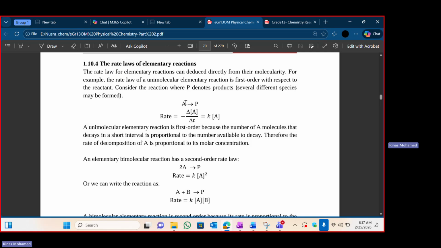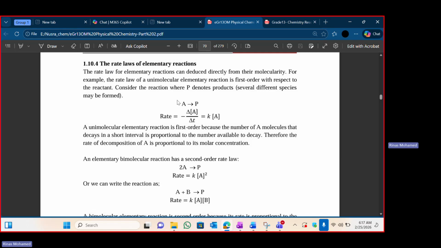For example, consider a hypothetical reaction A converted into P. If they tell you this is an elementary reaction, then for elementary reactions we can write the rate law. How will you write it? Because this is an elementary reaction, the same mole amount of that reactant will come as the order of that relevant species concentration.